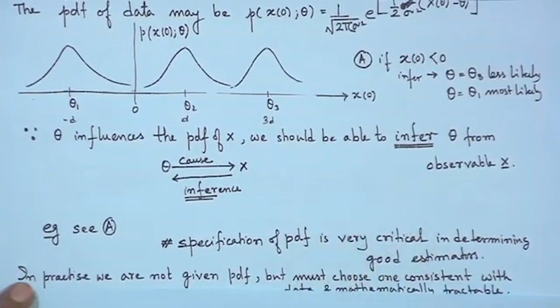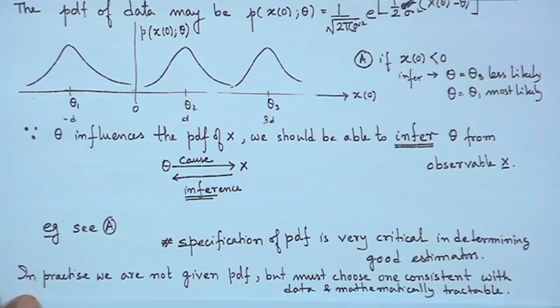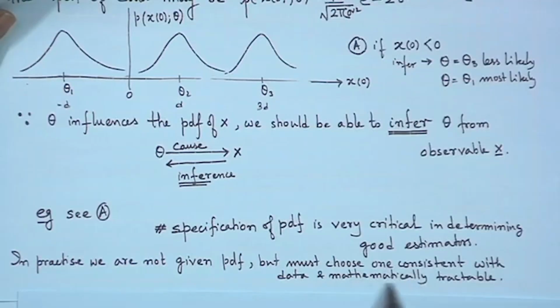And in practice, we are not given the PDF, but must choose one that is consistent with the data. What it means is that in practical systems, it is hardly possible to have the exact PDF of the signal. So, we generally choose a PDF which closely matches that of the data, that is all that it means. And the other important criteria we should have is that it is mathematically tractable, otherwise we will not be able to derive the algorithms.